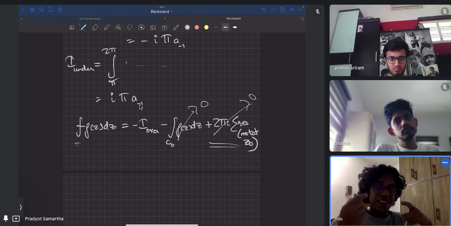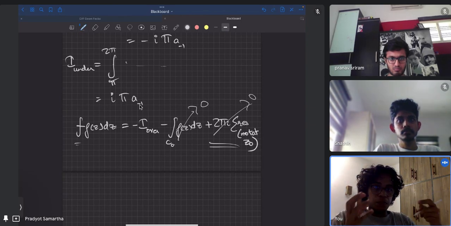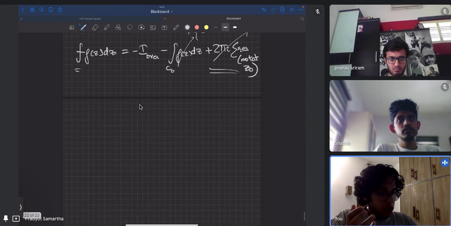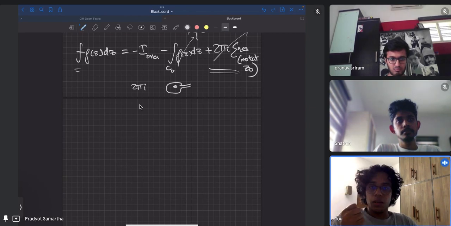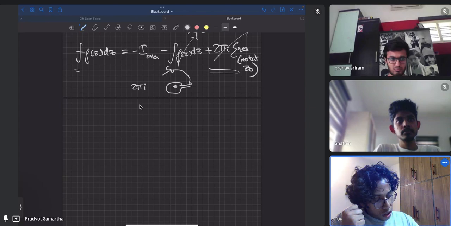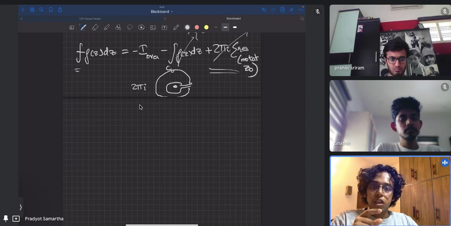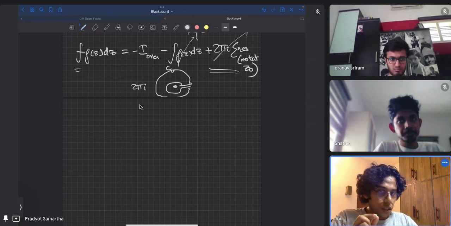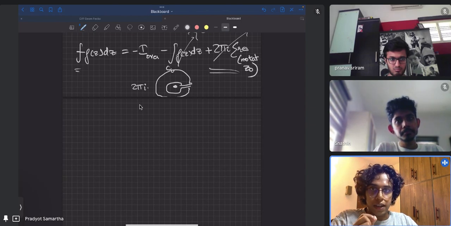What we spoke about is the complete winding number, which is 2 pi I: when you take a singularity and one contour over it, and you surgically remove this one singularity, you have 2 pi I, which comes as the winding number.